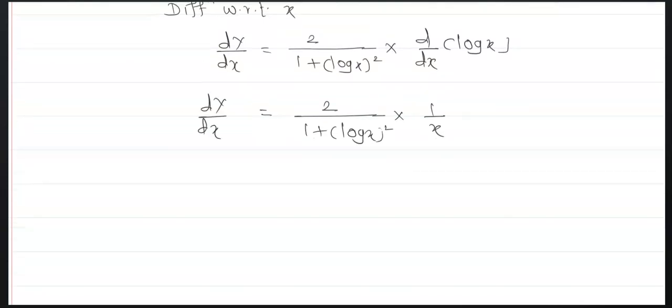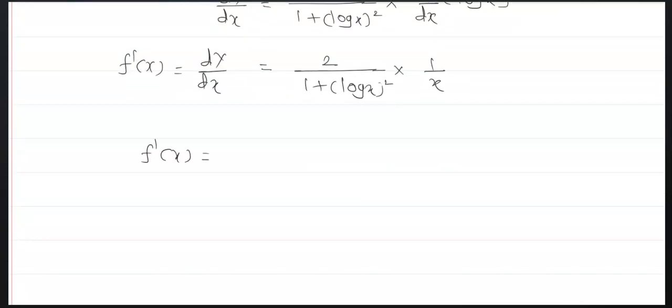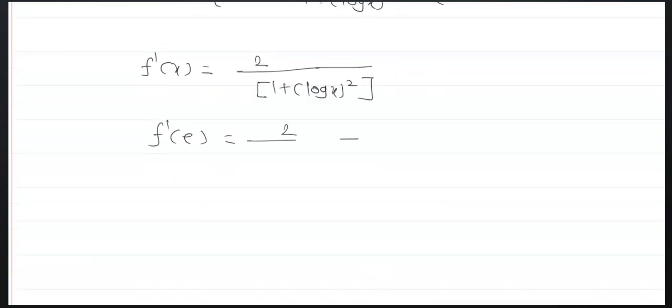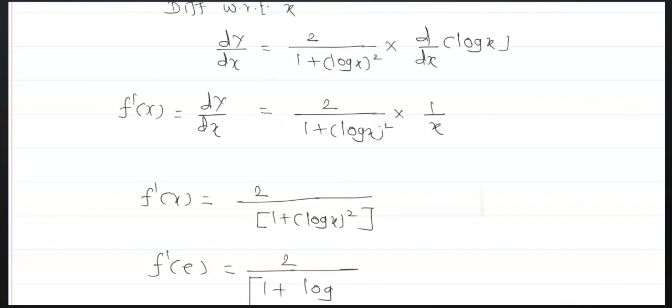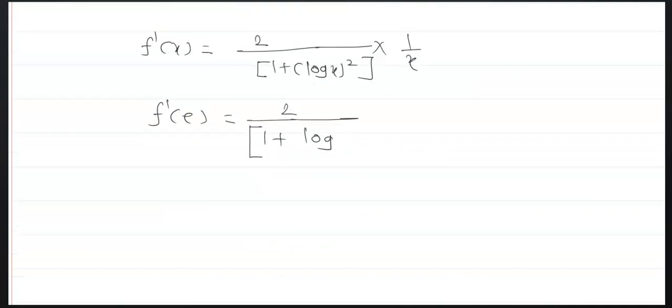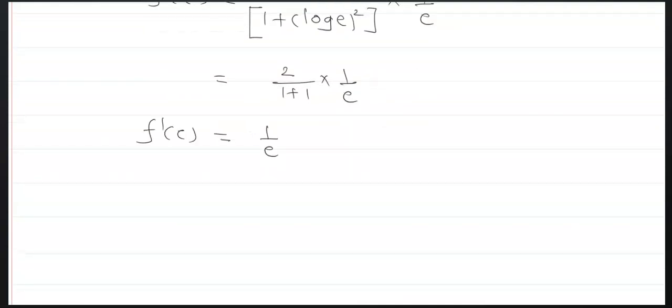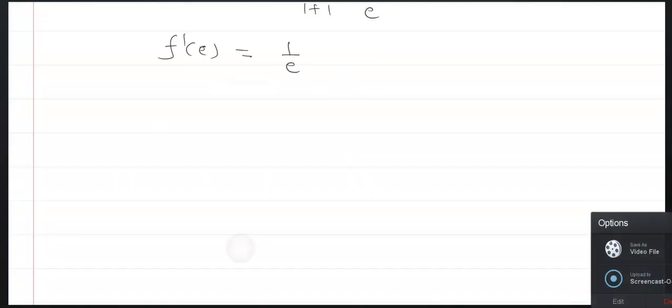That is, dy by dx is f dash of x is equal to 2 upon x into (1 plus (log x) whole square). Thus substituting the value x equals e, you will get the answer 1 upon e.